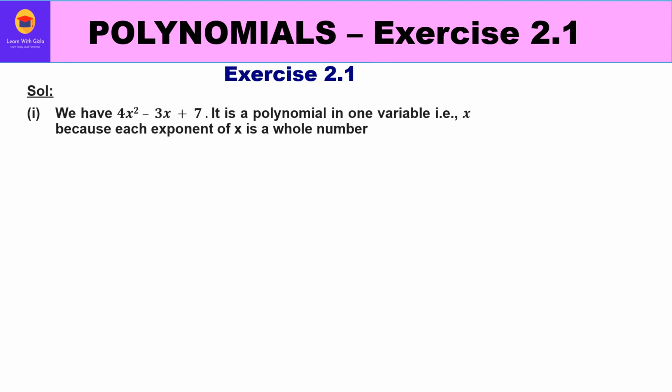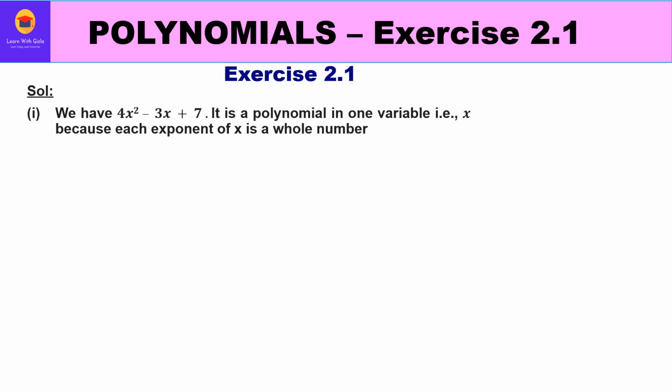Now in the first part, we are given 4x square minus 3x plus 7, and we have to find whether this algebraic expression is a polynomial or not. We know that for any algebraic expression to be called a polynomial, the power of the variable should be a non-negative integer. That means it can be a whole number.